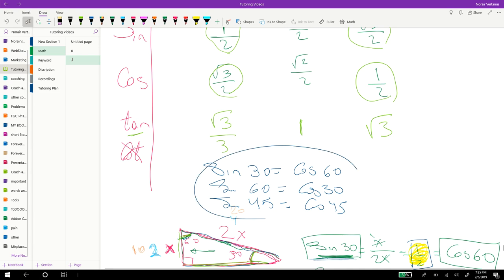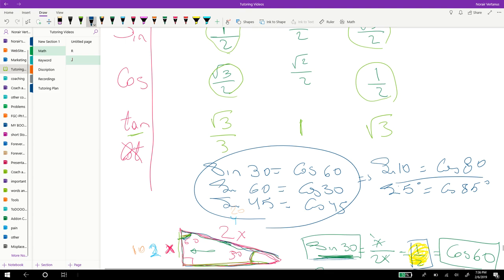And we can expand this even more. These are special angles, but if you pick any angle, sine of 10 is equal to cosine of what? What is the complement of 10? Even though it's not in this integrated math book, they don't talk about this, but we can conclude that from here. Sine of 10 is equal to cosine of 80. Or sine of whatever, give me a number, like 5, is equal to cosine of 85 degrees. Cool? That's fine. So that's one of the conclusions.